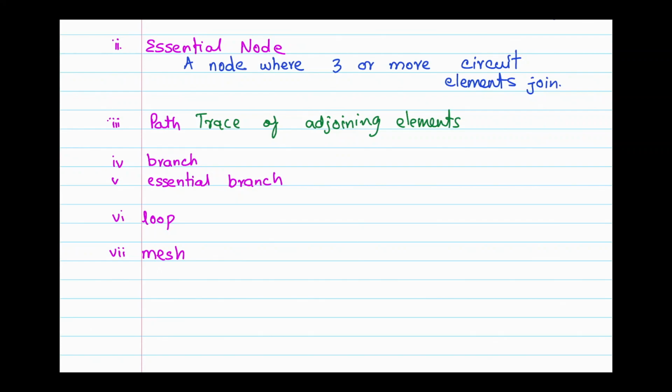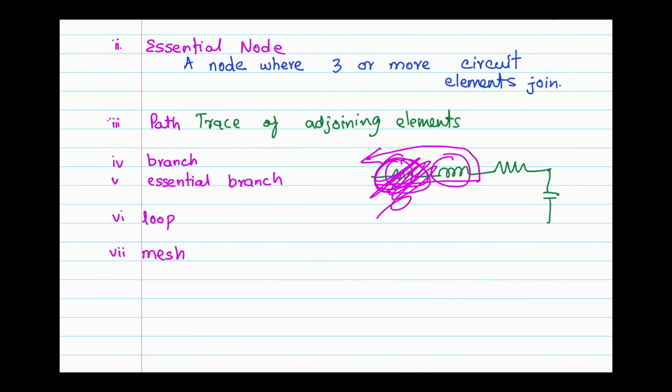Now, what is a branch? So a path, we know what a path is. It's simply a trace or a path that current takes into adjoining elements, and then you are not including the same element twice. Each element included once if you're following a particular route, that is called a path.